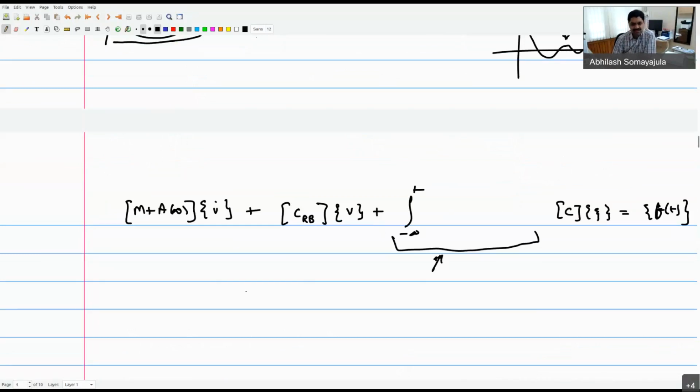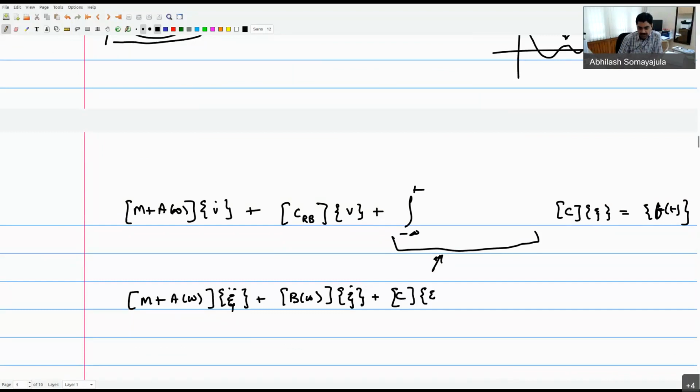What I'm saying is I'll go back to my original equation, M plus A of omega times zeta double dot, plus B of omega times zeta dot, plus C times zeta, is equal to F. I'll make the assumption that the motions are relatively small when talking about maneuvering systems, which are typically of the order of 100 to 200 seconds, right?